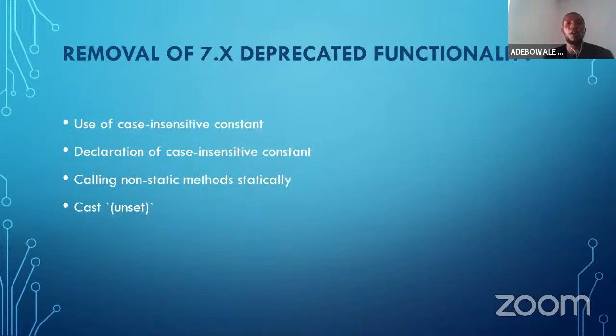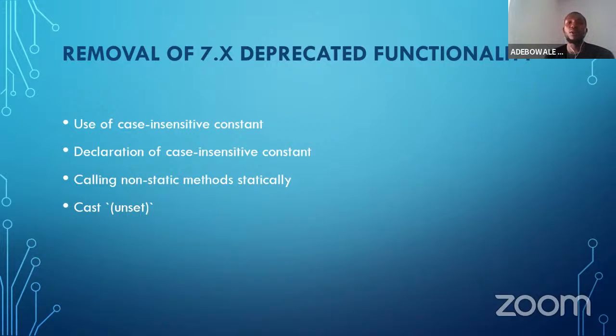Then, removal of PHP 7 deprecated functionality. Like I said, there are the minor changes that happen with PHP 7 releases, like 7.1, 7.2, 7.3, 7.4. Those are things you can ignore because they are minor releases of PHP 7.